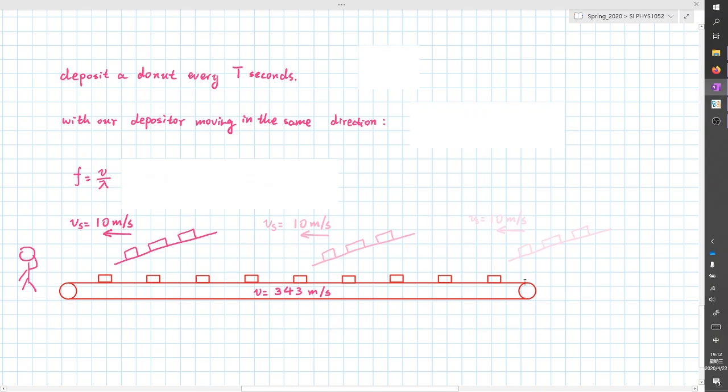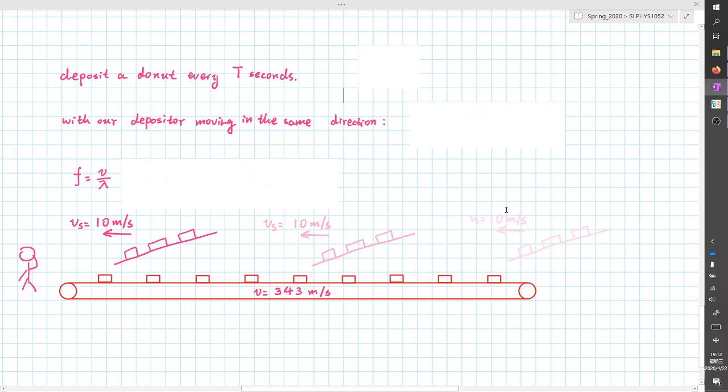Say this is the end of the donut production line, and it's dropping donuts onto the conveyor belt every t seconds. This value does not depend on the conveyor belt at all, because it is the production capacity of the donut factory.